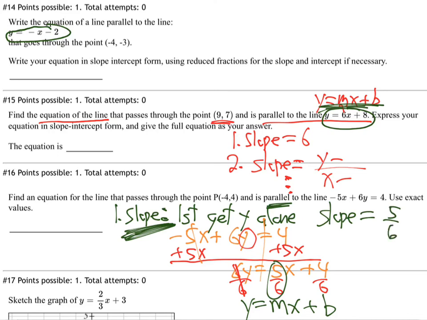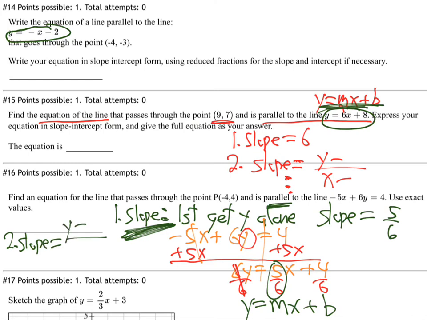So that's step 1. Am I losing you? So all of that is step 1. That's how we find the slope. So now we've got the slope, and then we say, okay, now for step 2, what do you write?